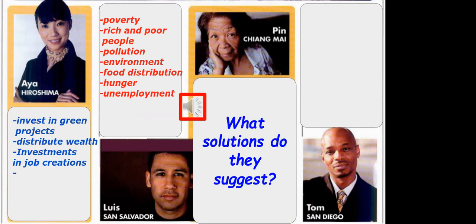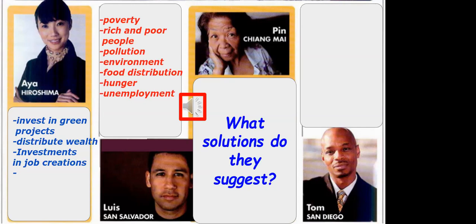Luis from San Salvador. I guess I'd choose protecting the environment. And pollution is, I think, the biggest problem. I just wish everywhere hadn't gotten so polluted. Environmental protection is critical if we're going to survive. I also wish we invested more in green projects. I hope that makes sense.